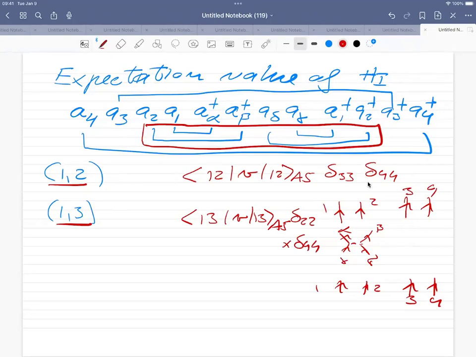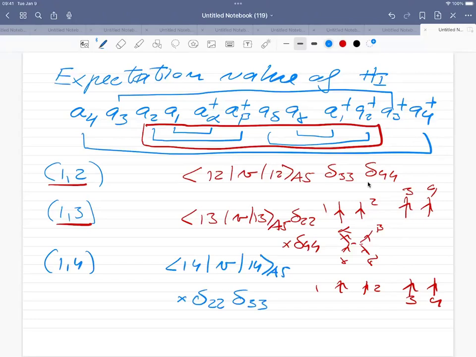And then we can take the next one, 1, 4. And that is going, surprise, surprise, to give us this term, anti-symmetrized, multiplied with the Kronecker deltas delta 2, 2 and delta 3, 3. And then we can look at the next pair, which would be 2, 3, 2, 4.